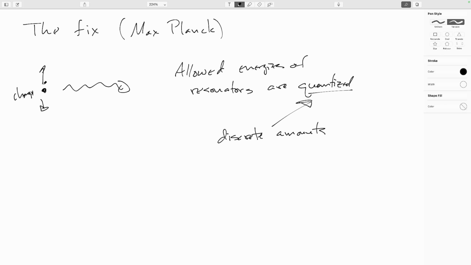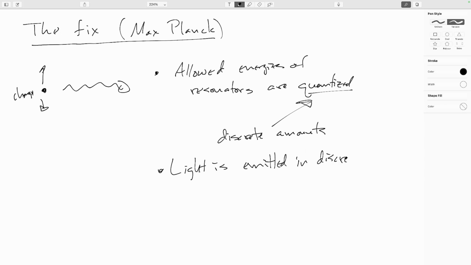So the total mechanical energy of this charge shaking up and down can't be just any arbitrary value, says Planck and colleagues, but it has to be some multiple of a specific value. The other thing that he has to do is he has to say that light gets emitted in discrete bundles, which we call photons.